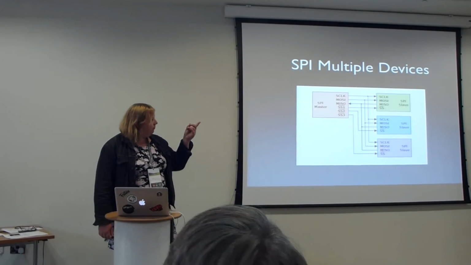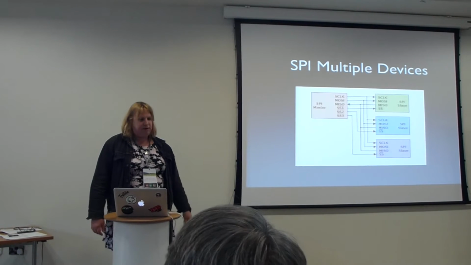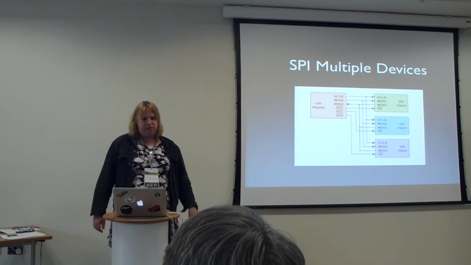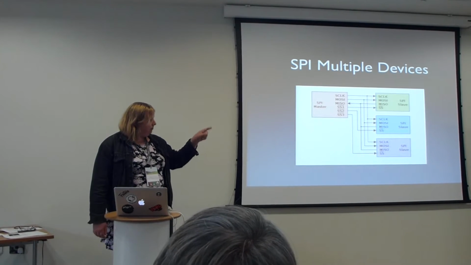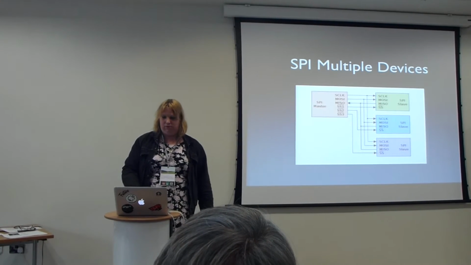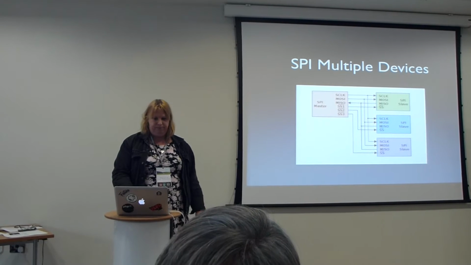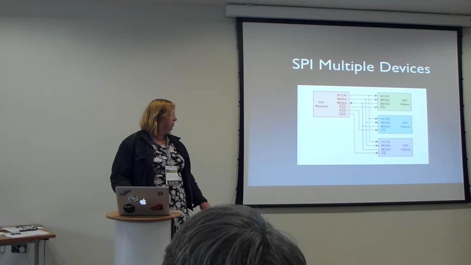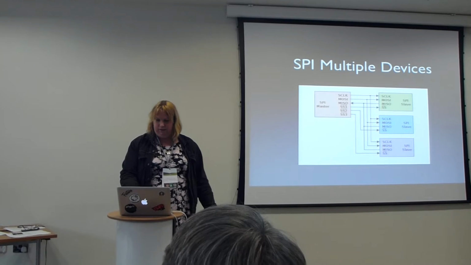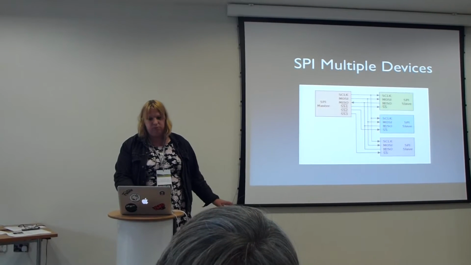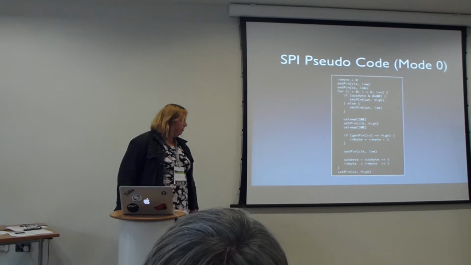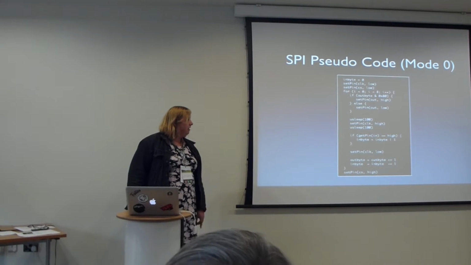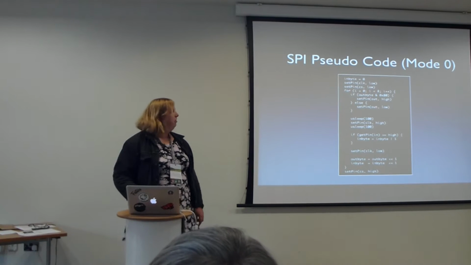So if you connect the low enable to the chip select and then use GPIOs to set the output, you can use the GPIOs to select which slave you're going to talk to. I didn't do a diagram for that because it's a bit esoteric, but anybody who wants to talk to me afterwards can.